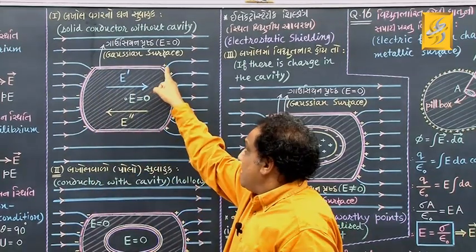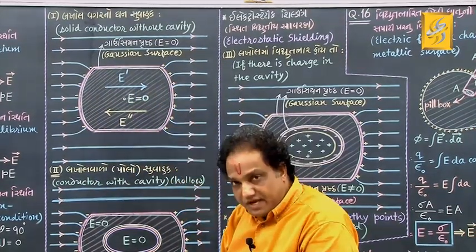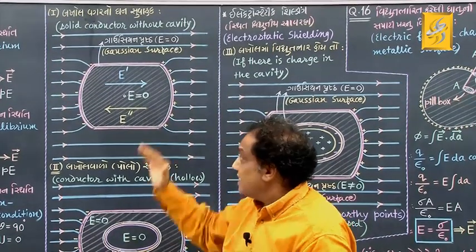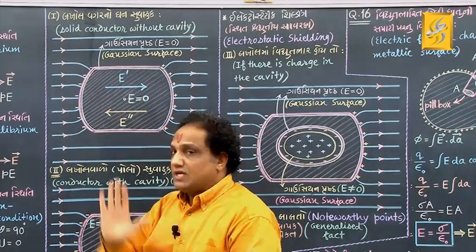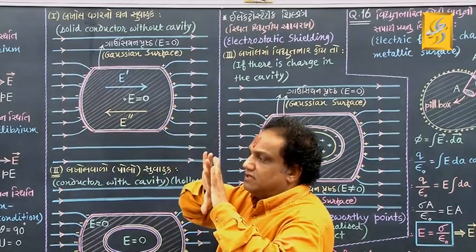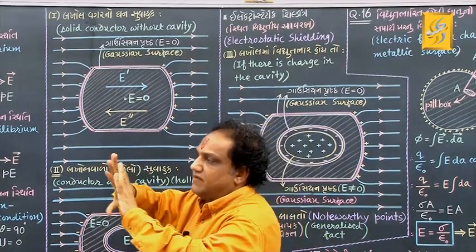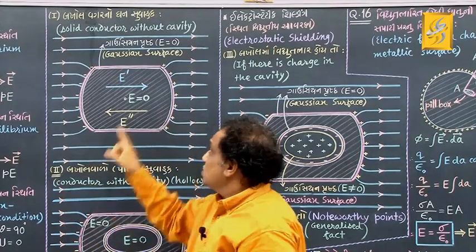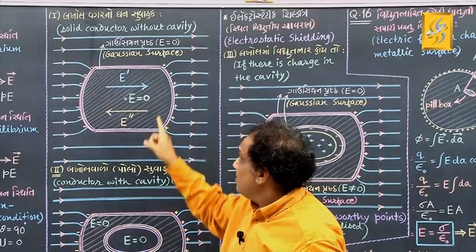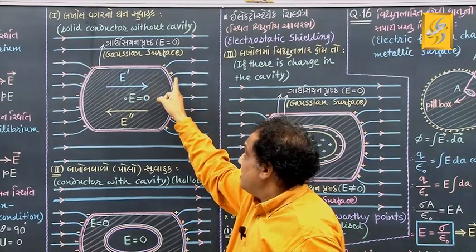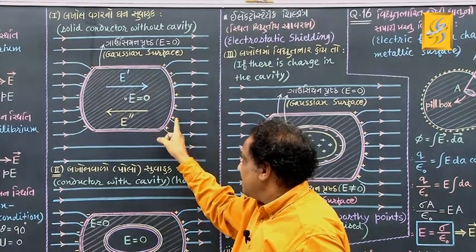So from this part of the surface, electrons will start getting displaced towards left hand side. So they all will make displacement towards left hand side. Fine. So this part of the surface, after losing electrons, will become positively charged. Correct?